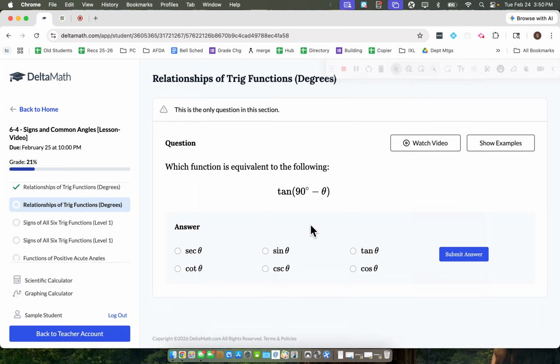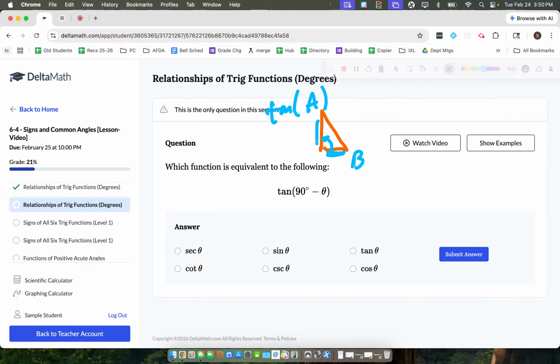I'll give you another example and we'll make it more specific. Tangent of 90 minus theta. So tangent of A, this is B, but tangent of A is what? It's opposite over adjacent.